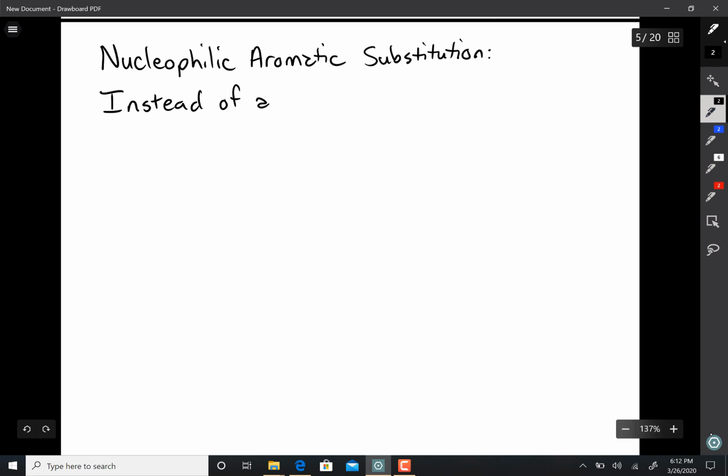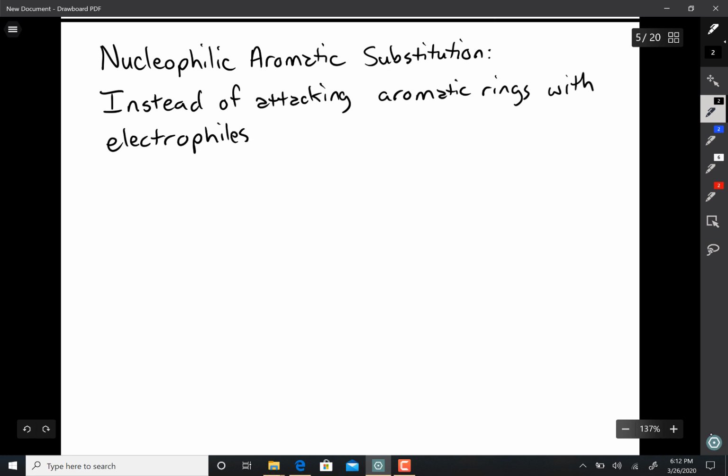Instead of attacking aromatic rings with electrophiles, nucleophilic aromatic substitution, or what the abbreviation is SNAr, attacks aromatic rings with nucleophiles.